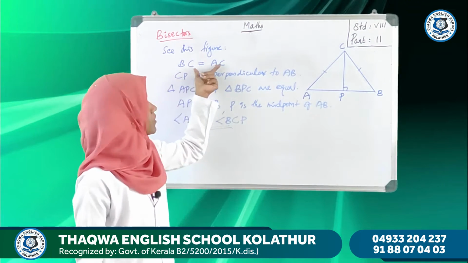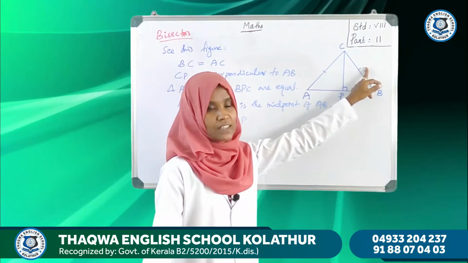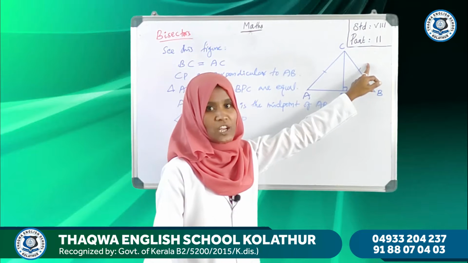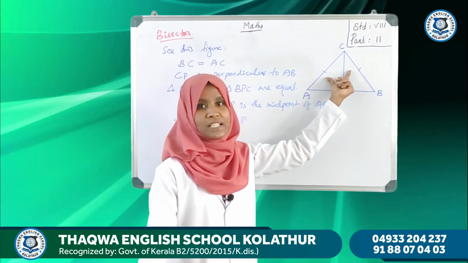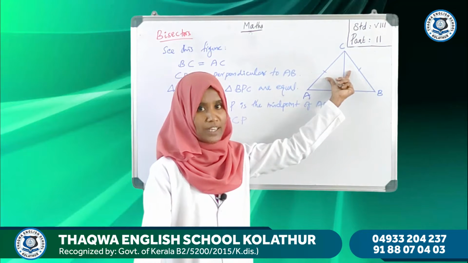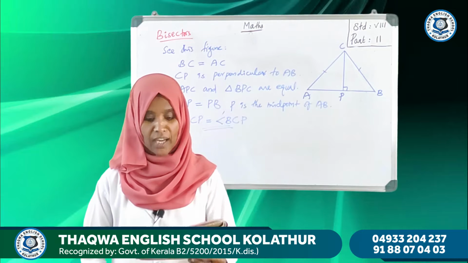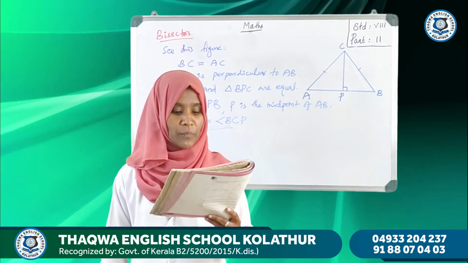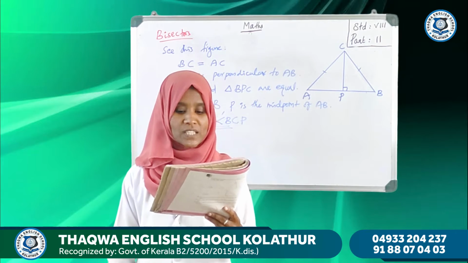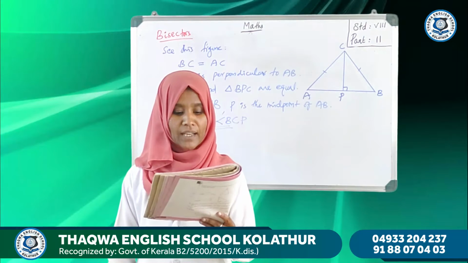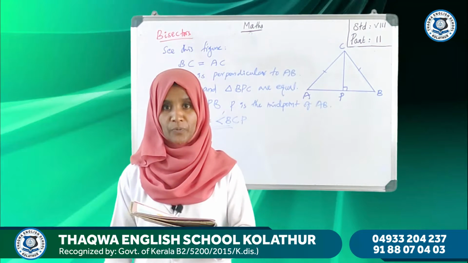Okay, we have started with AC equals BC, that is the two sides of this triangle ABC are equal, or triangle ABC is an isosceles triangle. Now the result is, in any isosceles triangle, the perpendicular from the point joining equal sides to the opposite side bisects the angle at this point and the side opposite.